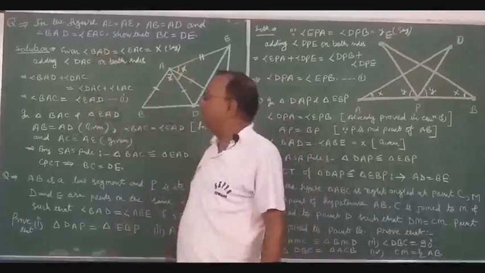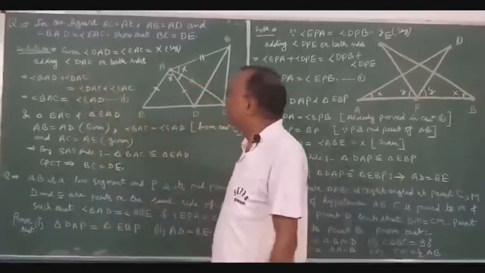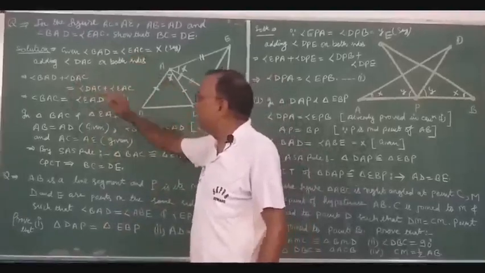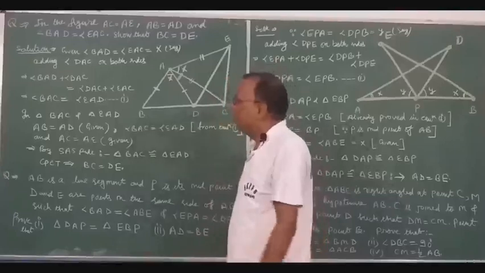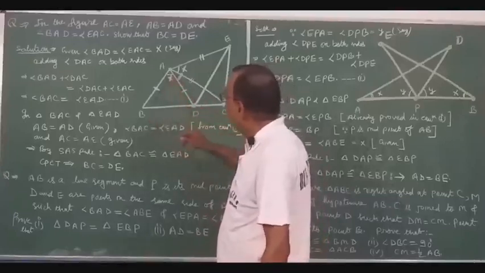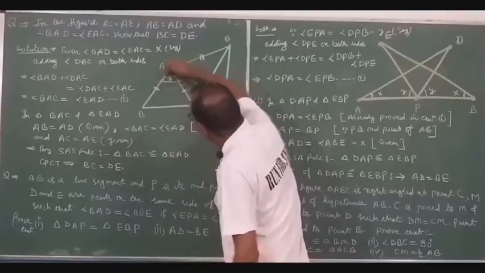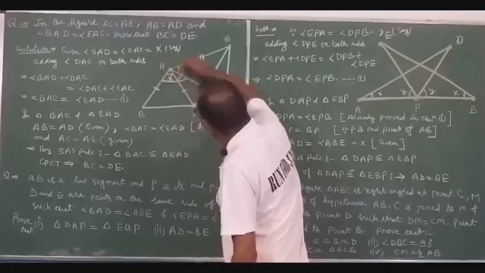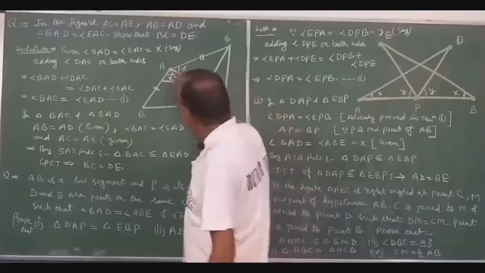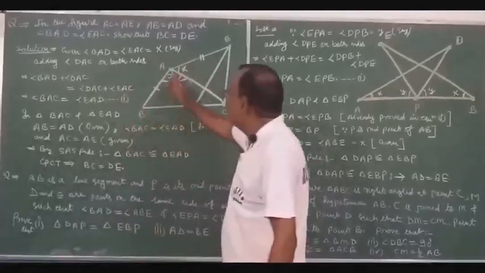Angle BAD plus angle DAC is equal to angle EAC plus DAC. Now just look here, angle BAD plus DAC. Which angle is this? What is the name of this angle? BAC.